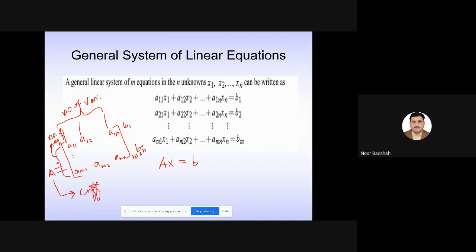It becomes the augmented matrix, which is denoted by [A|B], or we may write it in this form as well, A, and then we draw a line here, and then we write B here. This is the augmented matrix. So in determining the number of rows, number of equations and number of variables, we don't consider this last column in case of the augmented matrix.